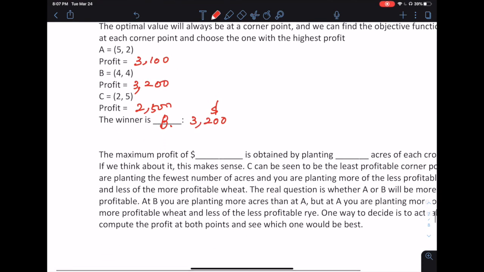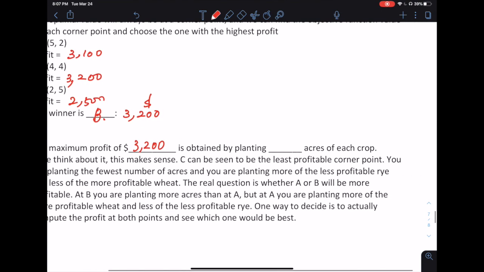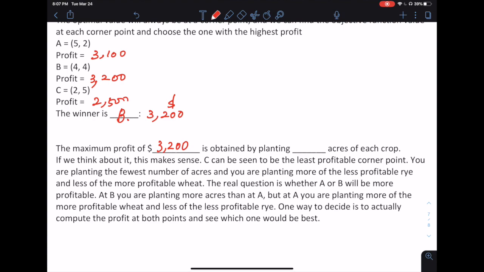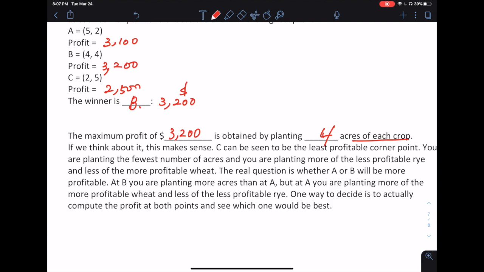So the maximum profit, $3,200, is obtained by planting how many acres? 4 acres of each crop. Thank you for watching topic 2.